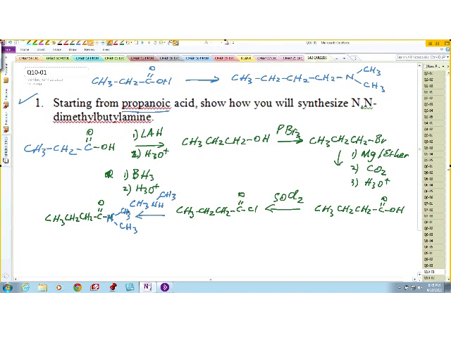Okay, and then after that, what do you do? Then you do LAH reduction. Okay, very good. So you reduce the tertiary amide with LAH, followed by hydronium ion.